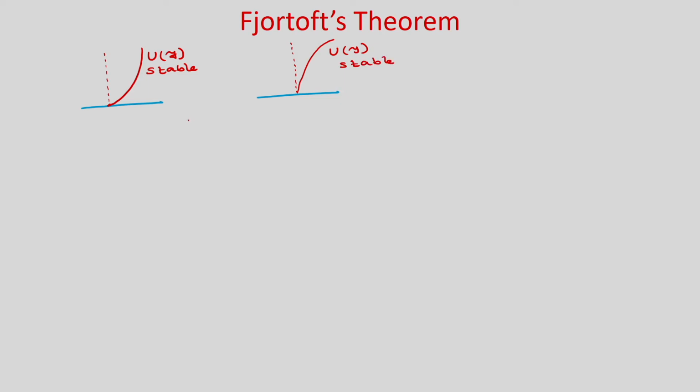Okay, there is no point of inflection, you can see here. Okay, so these two cases, if you find the velocity profile like this, then it will be stable as there is no point of inflection.